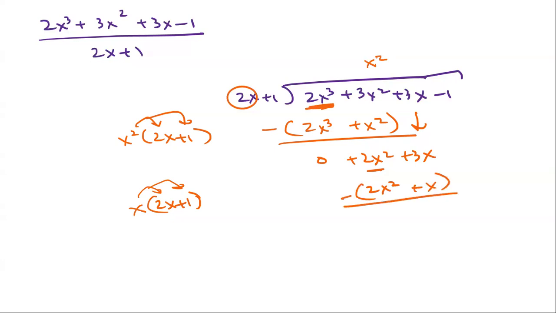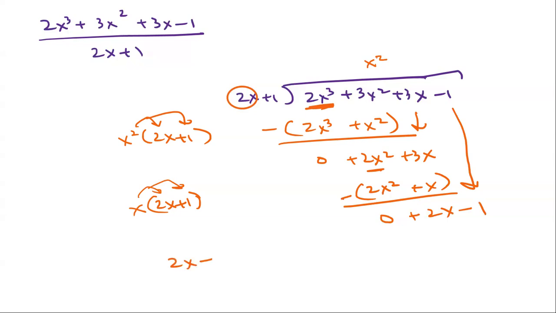So 2x squared minus 2x squared is 0. 3x minus x is going to give me a positive 2x. Okay, and then I got one more here, bring that down, minus 1. Then I need to do it one more time.